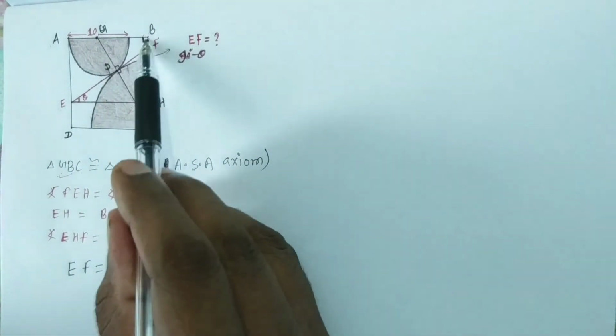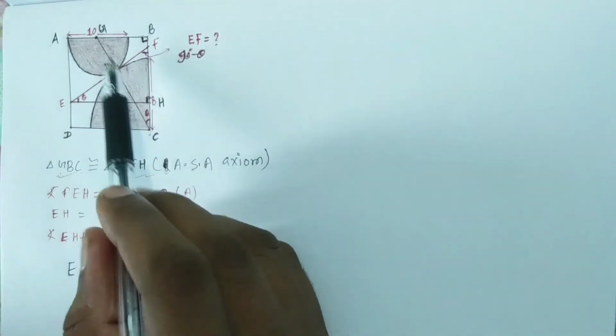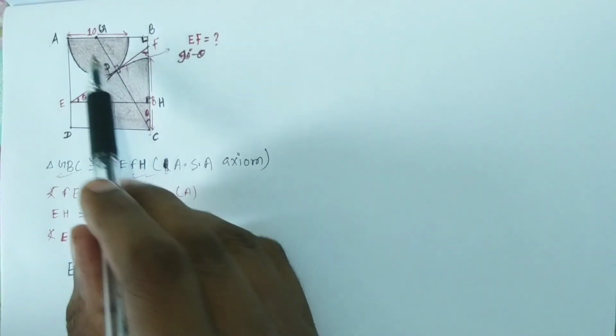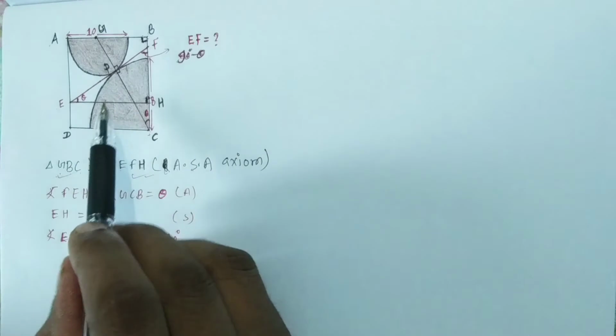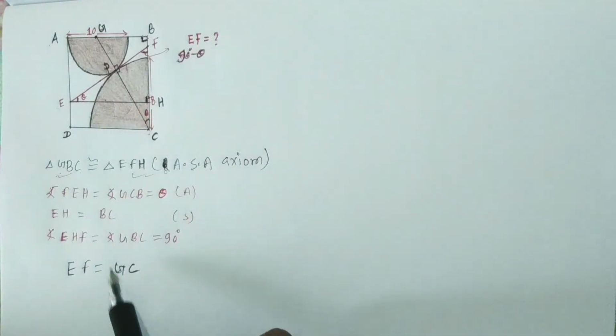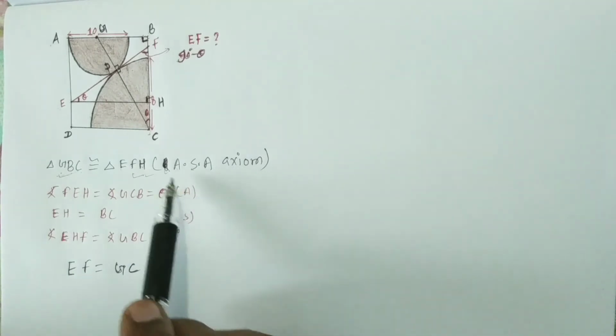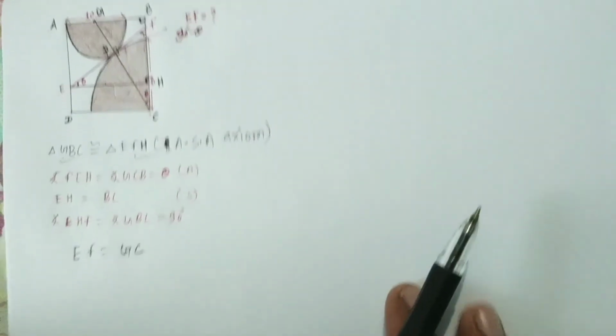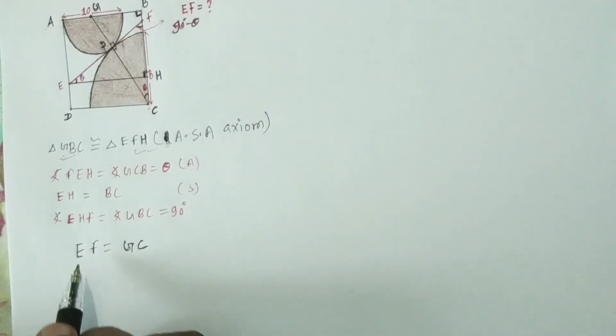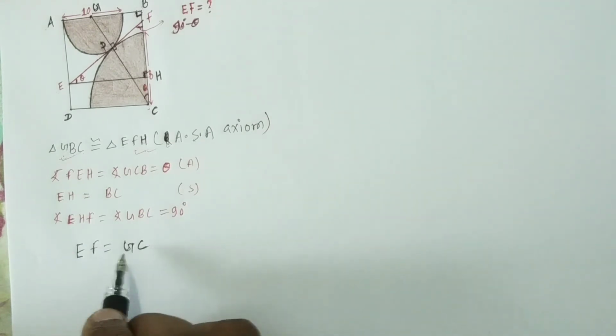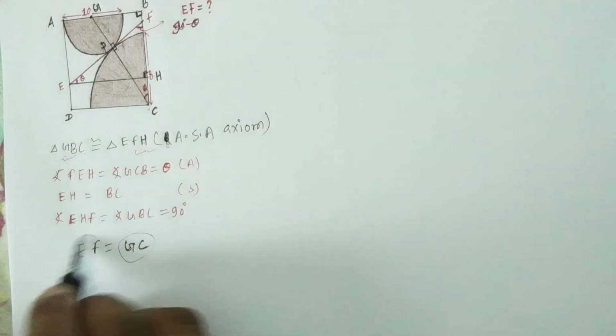So these two right angles are equal in both triangles, so their opposite sides will be the corresponding sides. These two corresponding sides become equal because these two triangles are congruent by the angle side angle axiom. So it means the length of GC will be the length of EF.